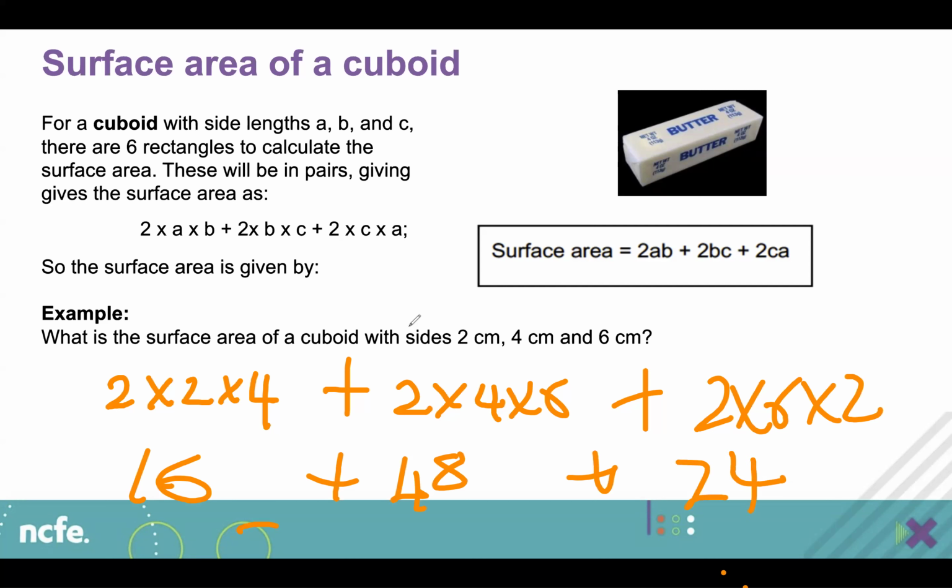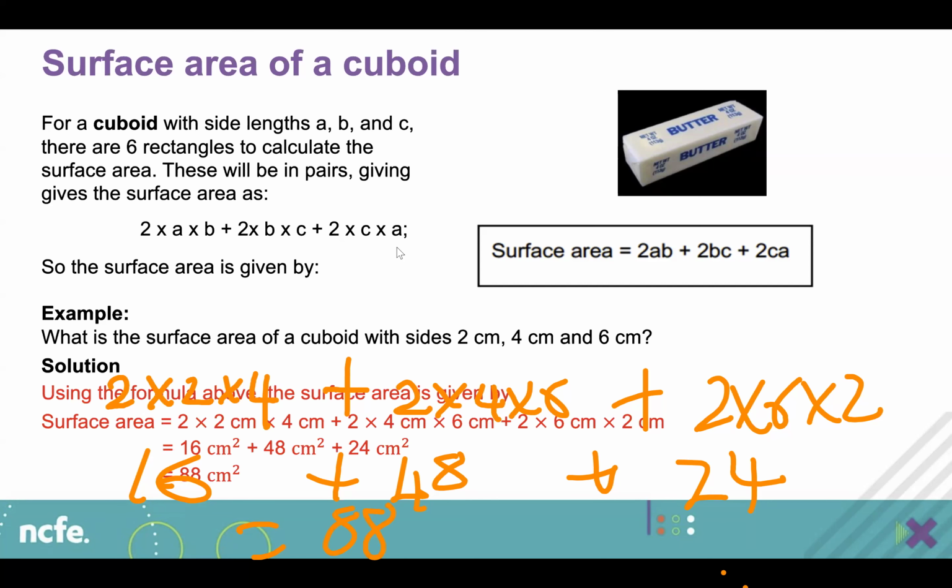So the answer will be 16 add 48 add 24, which equals 64 plus 24, 88. The answer is 88 for this cuboid. Yes. So as you can see, the answer is 88.